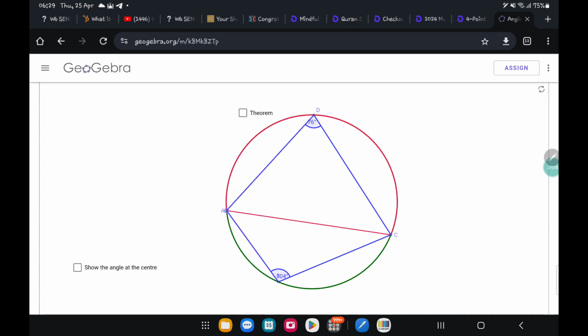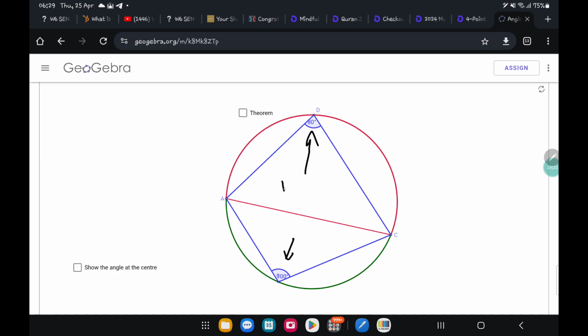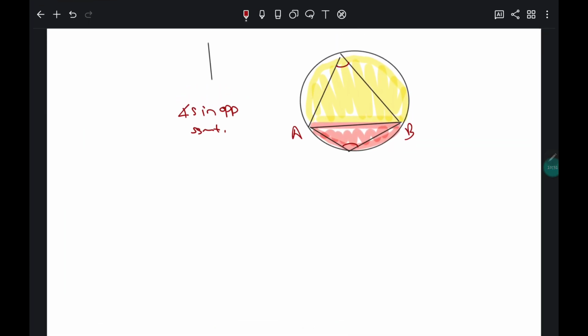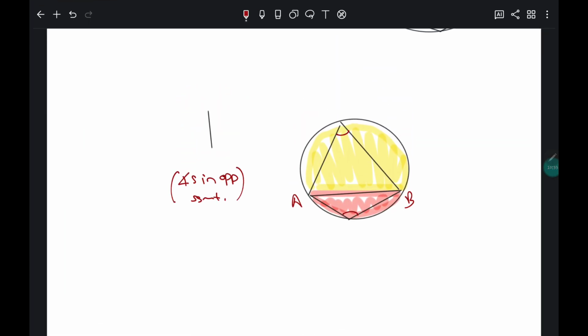Now I'm going to change the angle above to 80. Now the one below becomes 100. So what you will notice here is that the angles in the opposite segment add up to 180 degrees. That brings us to the second property for today. Angles in the opposite segment add up to 180 degrees.